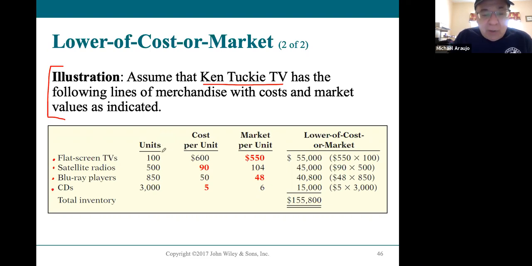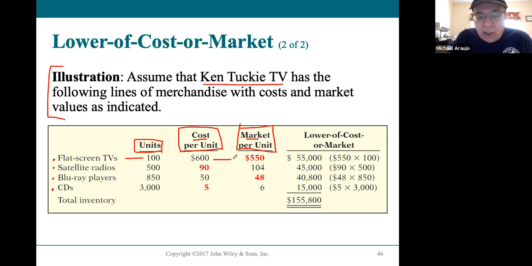This is how much of the inventory we have in stock. So we have 100 flat screen TVs in stock. The next two columns show what we actually paid for it. So we bought these TVs for $600 each. However, if we were to go out today and buy them again, that's the market value.